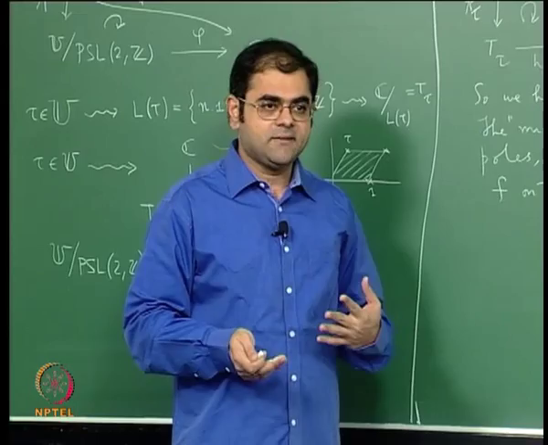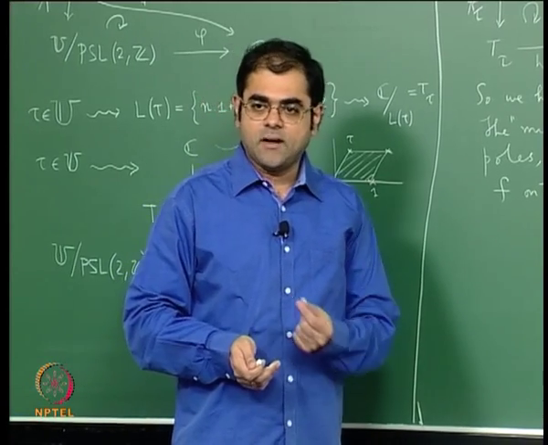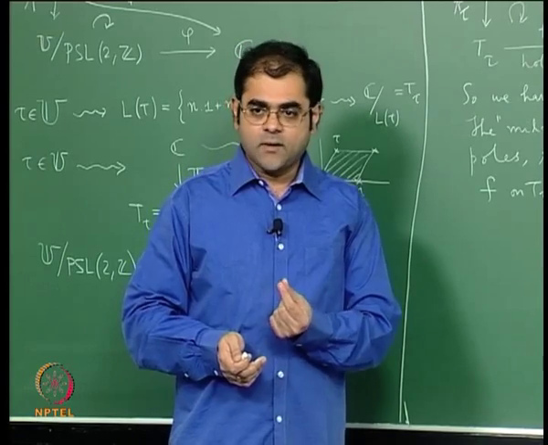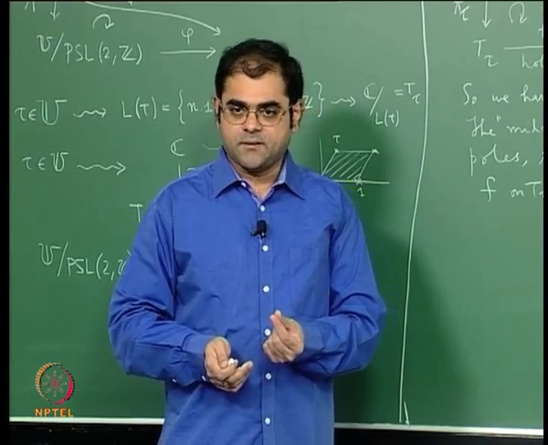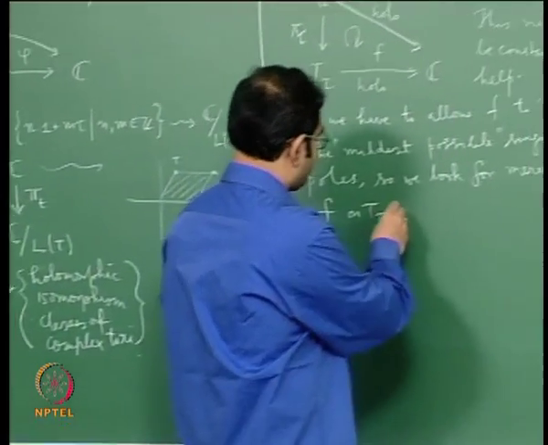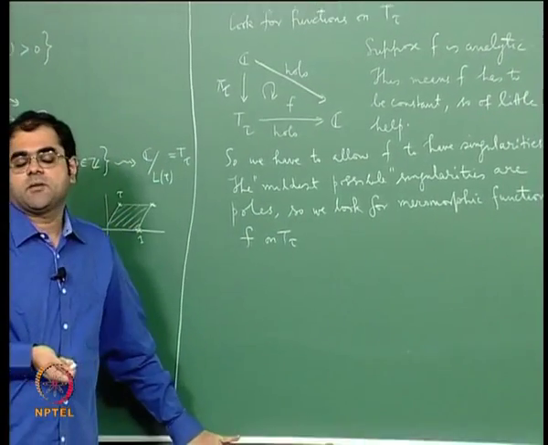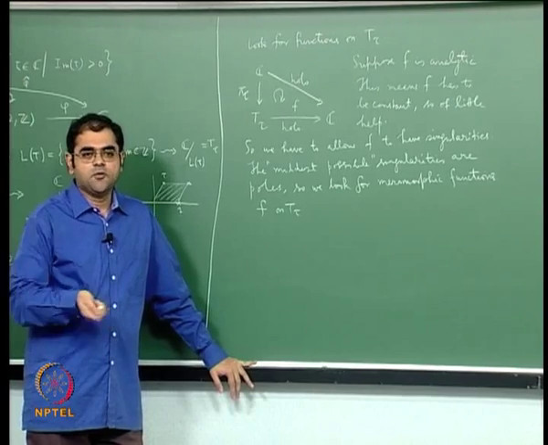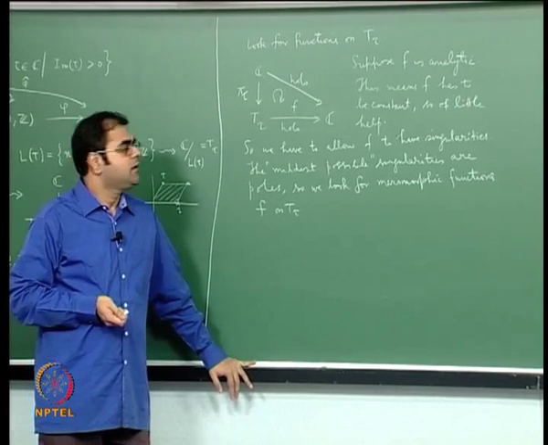But even in that, the simplest thing I could have is a pole at only one point. So we could look at meromorphic functions with a pole at only one point, or let us say poles at a few points to begin with.